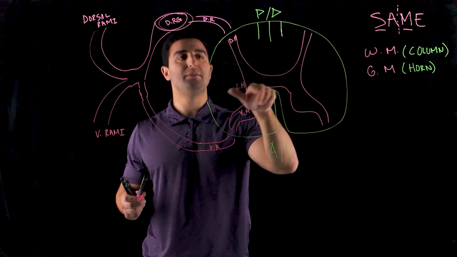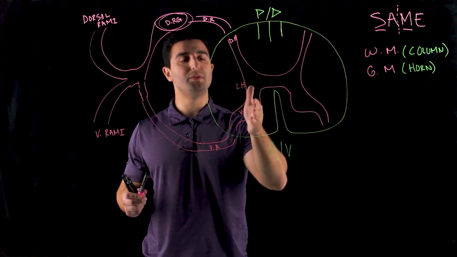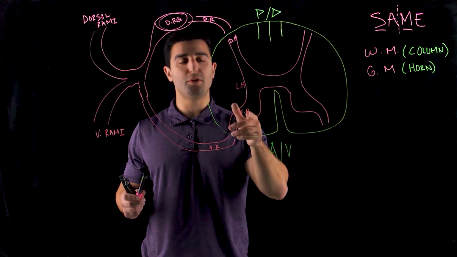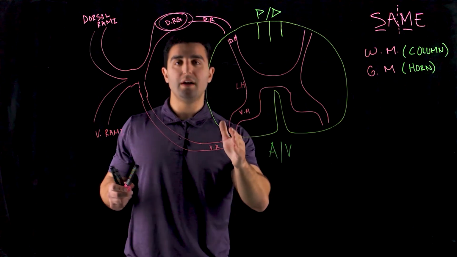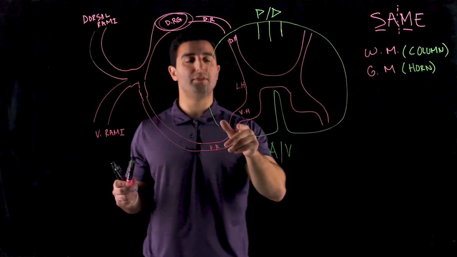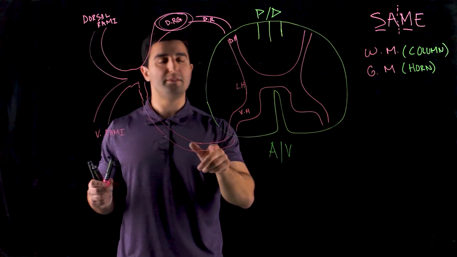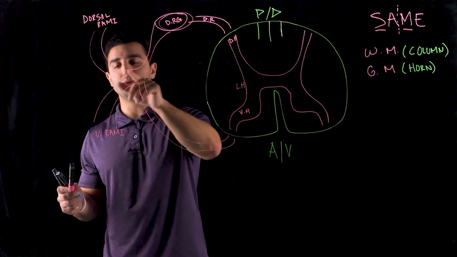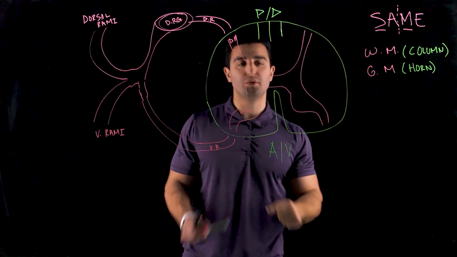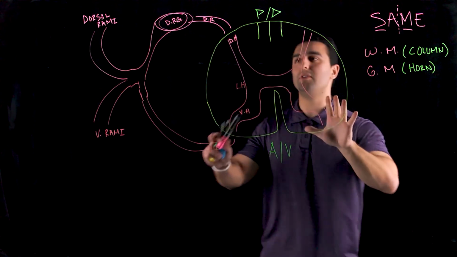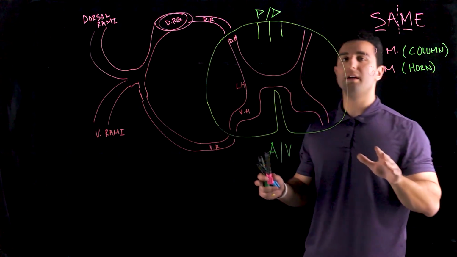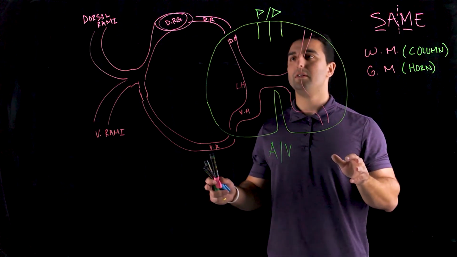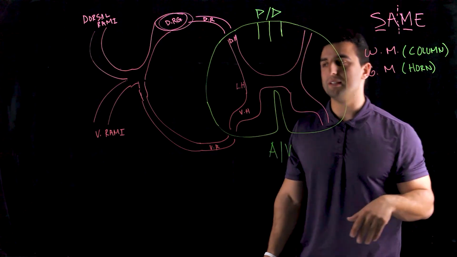Further processing occurs, and it's released into the ventral horn. A motor response is generated from the ventral horn, transmitted through the ventral root, and eventually goes out to the ventral and dorsal rami. This is just a general idea of where and how the spinal cord sends messages.